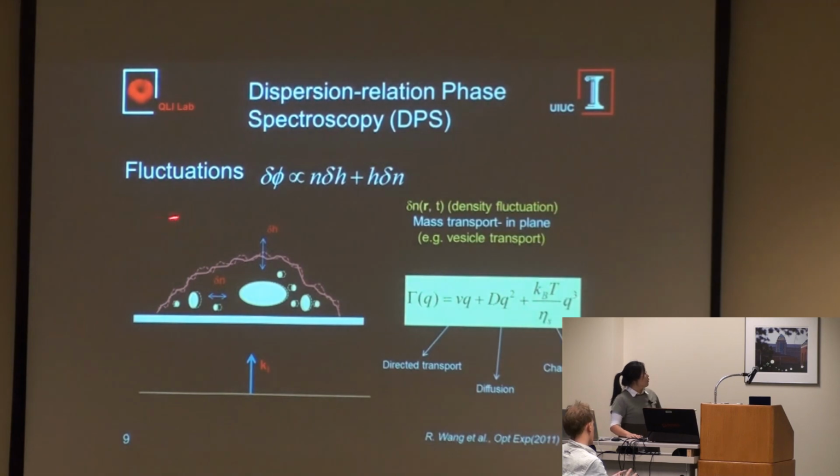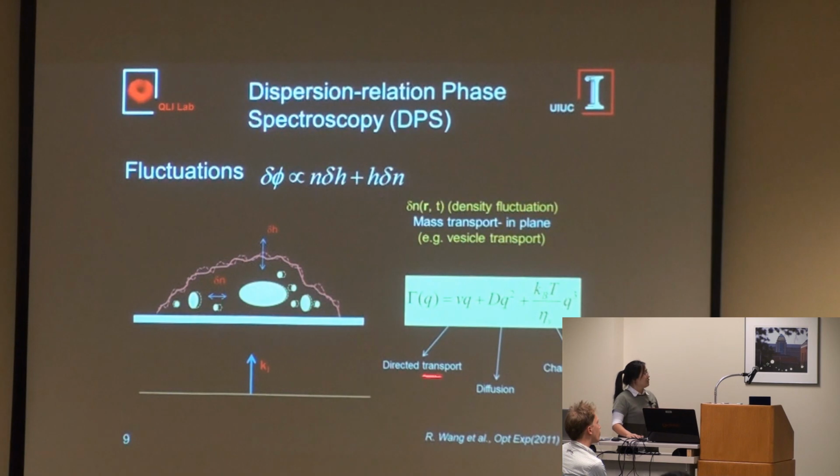And the fluctuation of the phase has two contributions. One is the out-of-plane thickness fluctuation, and one is the in-plane refractive index fluctuation. And the refractive index fluctuation is associated with the mass transport in plane.